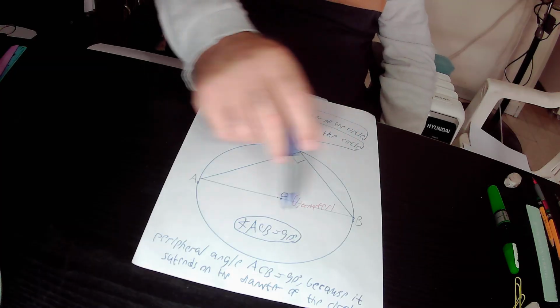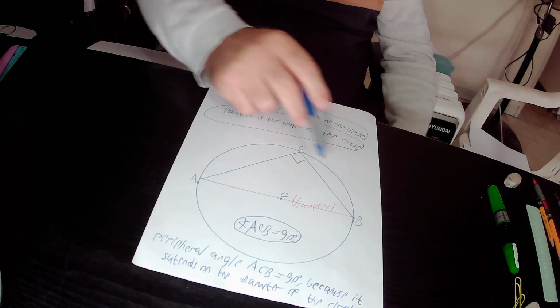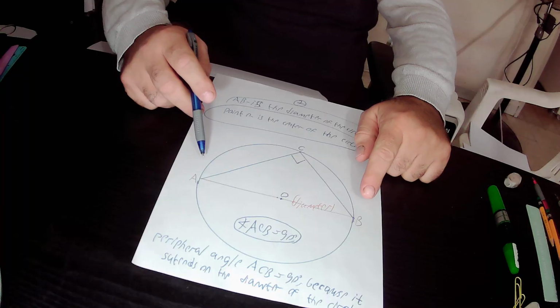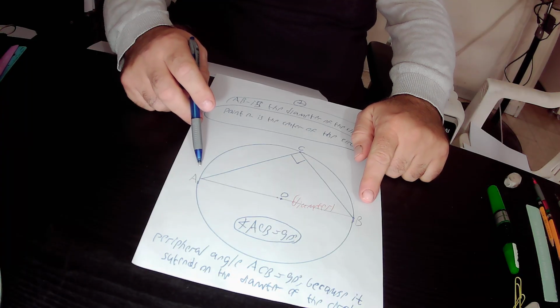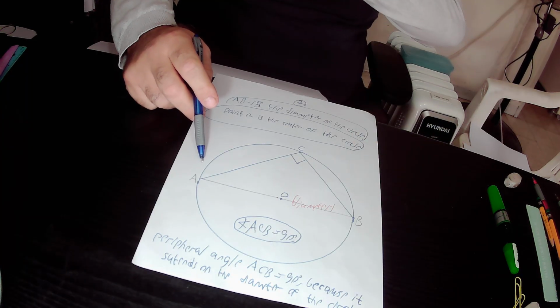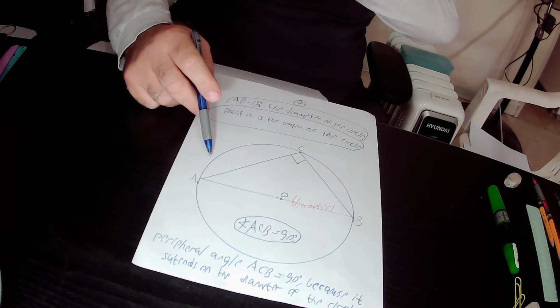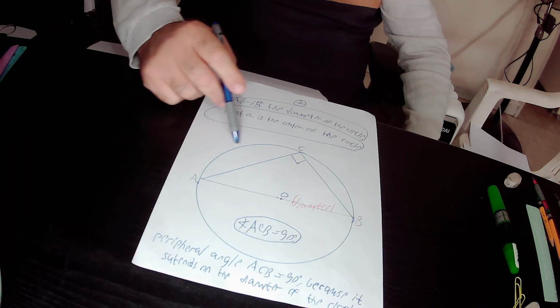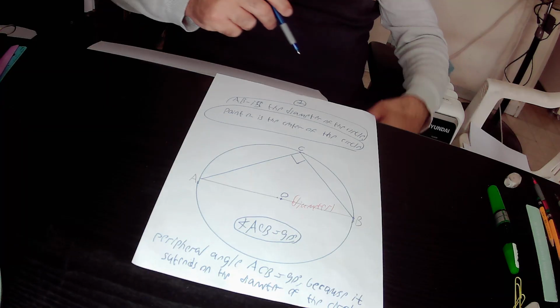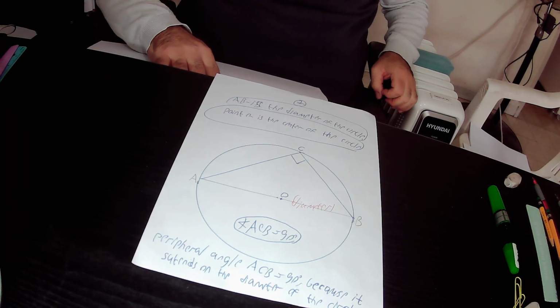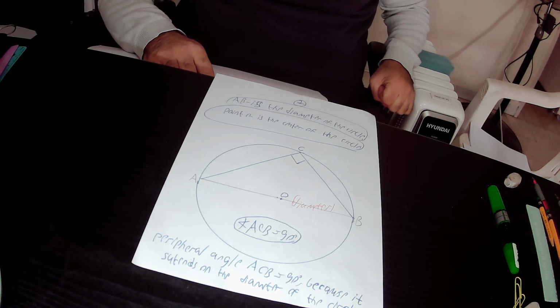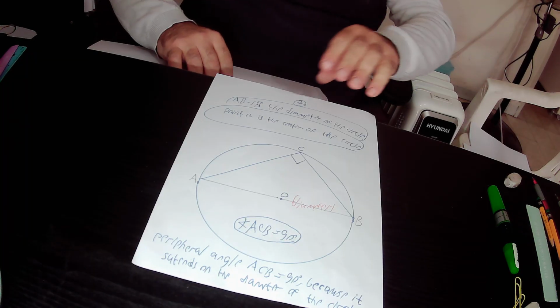In the drawing, we have a circle. This is peripheral angle ACB that subtends on chord AB. This is the diameter of the circle. Therefore, according to rule 7, peripheral angle ACB must be equal to 90 degrees in its size. So according to rule 7, any peripheral angle that subtends on the diameter of a circle or a semicircle must be equal to 90 degrees in its size.